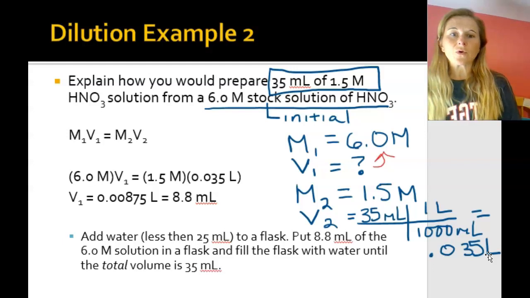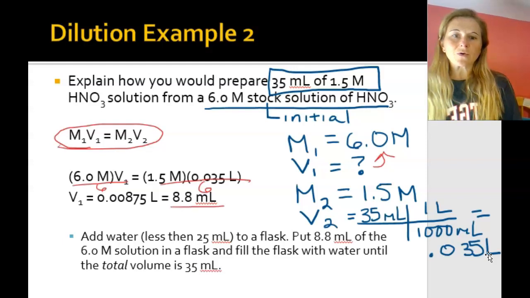And so we use this formula right here. We fill in all our numbers and divide both sides by 6 so that our volume is by itself. And so our V1 is 0.00875 liters. That's pretty small, so we would convert that to milliliters.